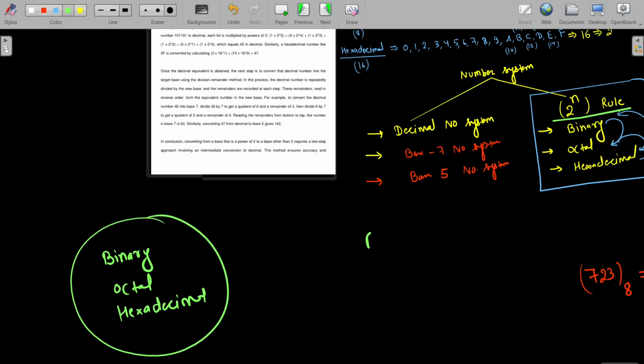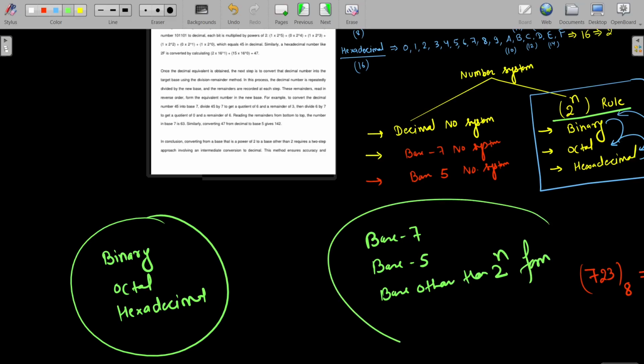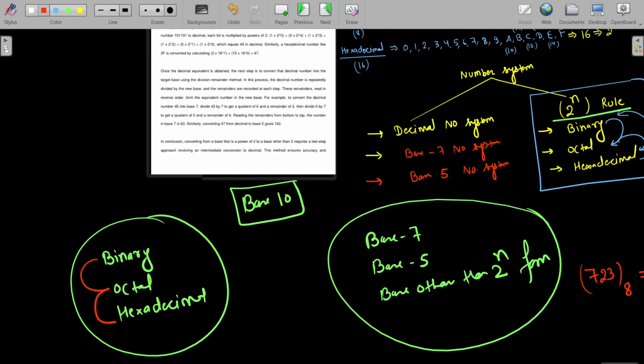And suppose we have base 7, base 5, or any other base other than 2 raised to power n form. And you have a base 10 in the middle. So see the mind map. These are interconvertible easily. You can easily convert binary to octal, octal to binary.